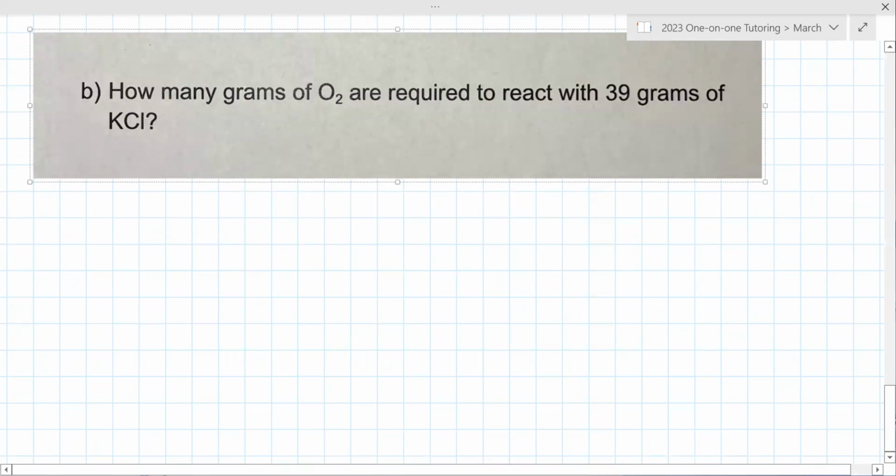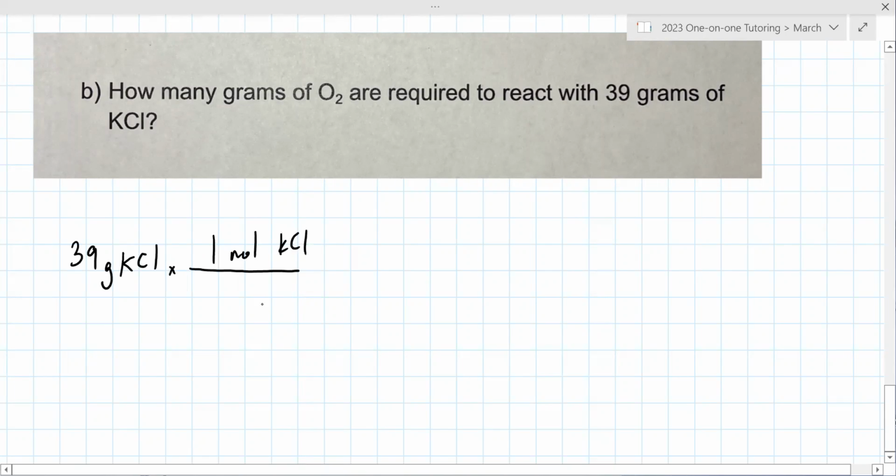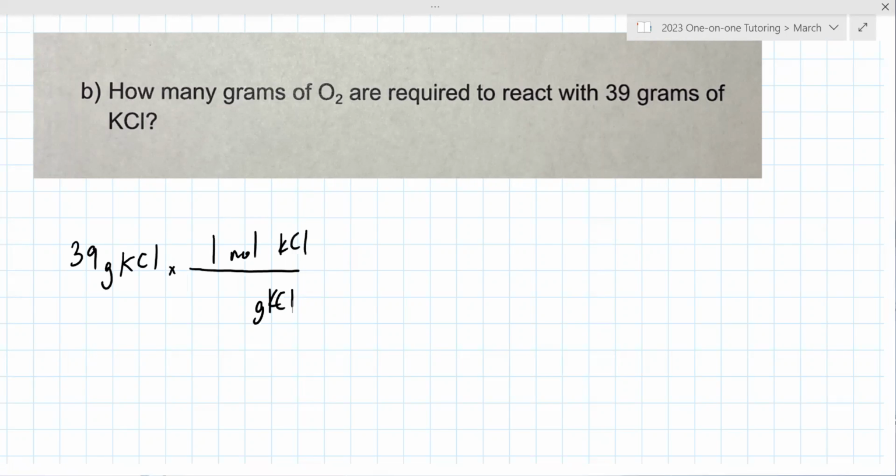Oh, for sure. So how many grams of O2 are required to react with 39 grams of KCl? So we're in grams right now, so we have to do that 1 mole over the number we got from the periodic table. 39 grams of KCl, 1 mole.